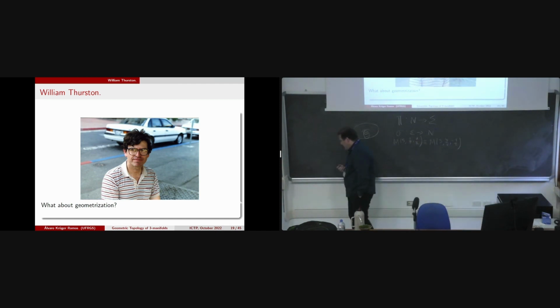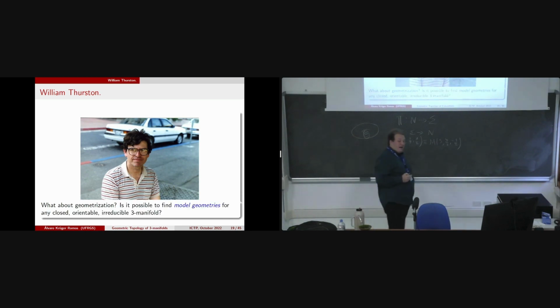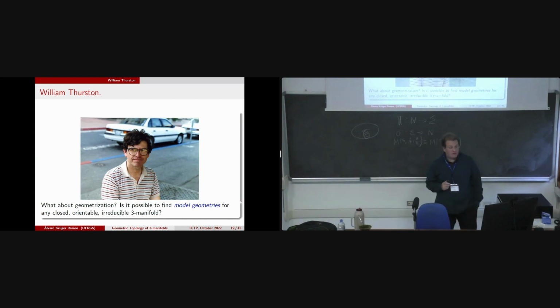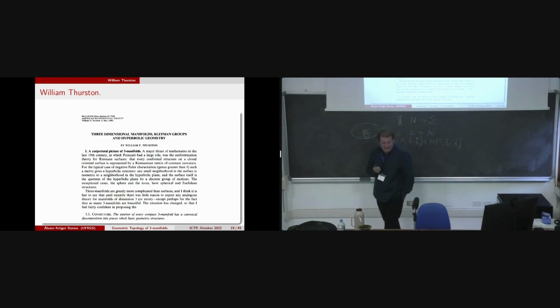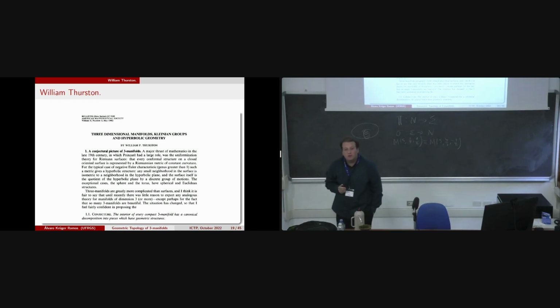Okay, we don't understand the Poincaré conjecture. We are nowhere near proving it, basically. So what about geometrization? Is it possible to find model geometries for any closed orientable 3-manifold? That's not exactly his question. His question he added here in 1982 as a conjecture.